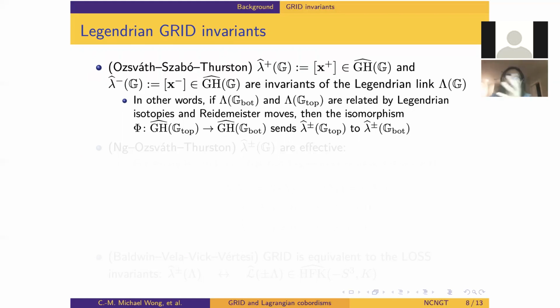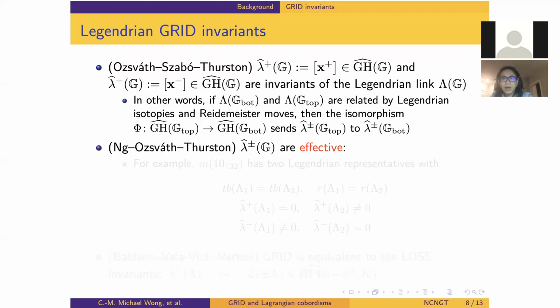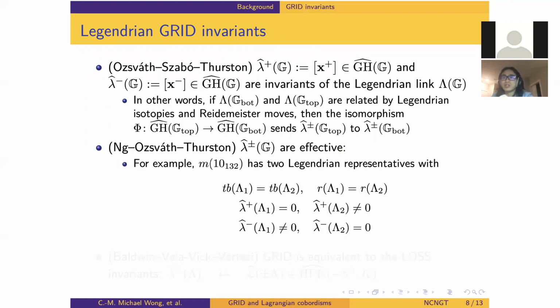Now, unfortunately, the homology classes are also called lambda, but they're lambda hat plus and lambda hat minus. I'm going to call them lambda plus and lambda minus. Ozsváth and Thurston show that these invariants are effective. In particular, they can distinguish Legendrian knots of the same knot type.